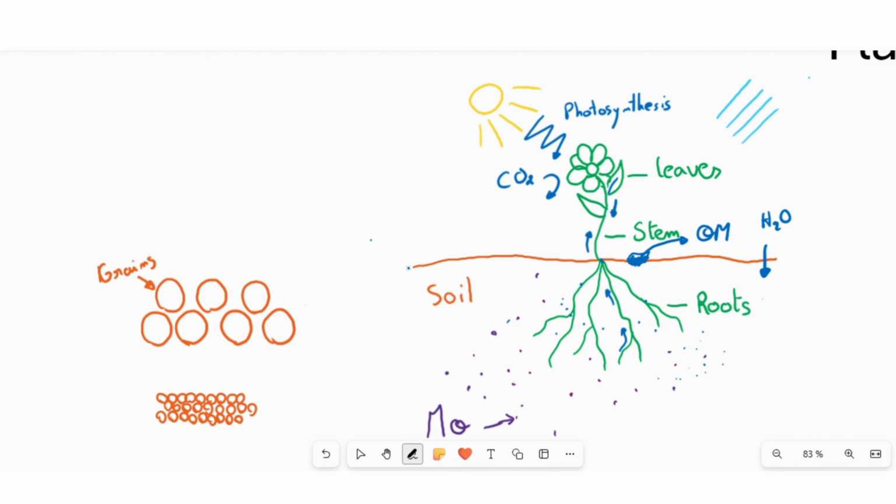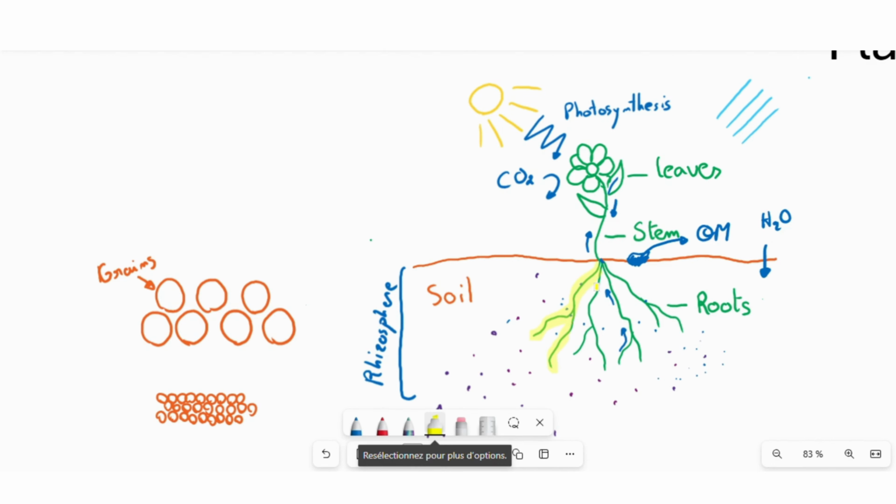In here, in the roots and the soil and the microorganisms, this is what we would call the rhizosphere. It is basically the space in which biological and biochemical interactions occur between the roots, the soil, and other microorganisms.